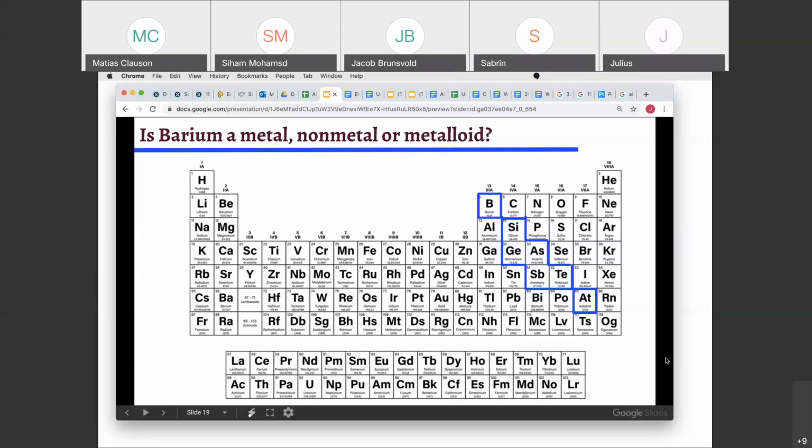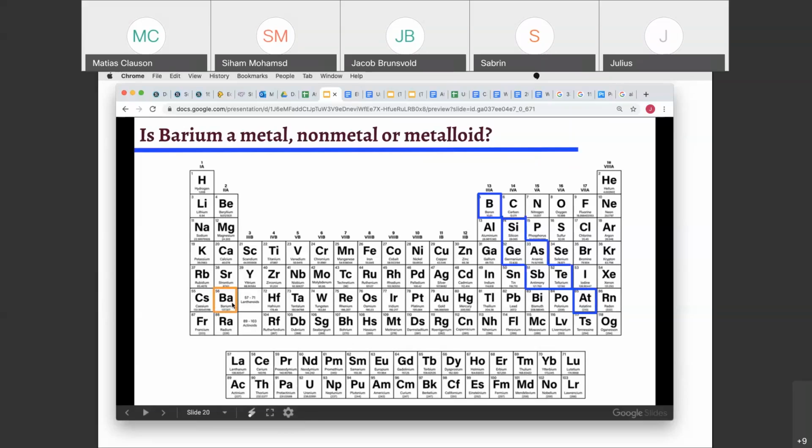Metal, nonmetal, or metalloid. Got one answer so far. Seems like we're all in agreement. Barium is definitely a metal.